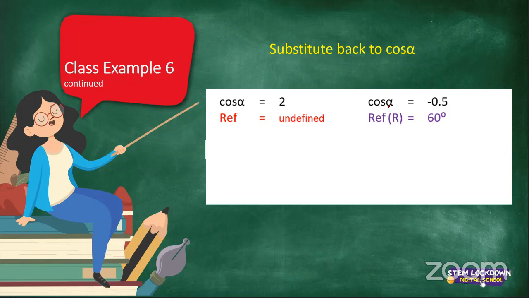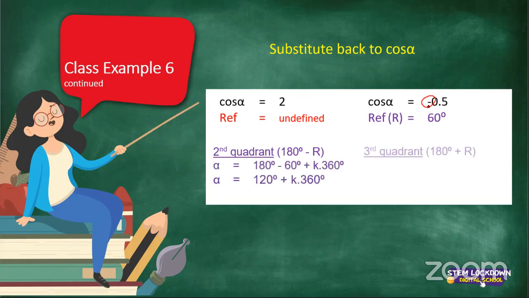When we find a reference angle of 60 degrees and we say, where is your cos negative? We know that cos is negative in your second and your third quadrant. And we're going to do our usual resolution, just like that, and come to 2 general solutions. Simply continued just as normal.